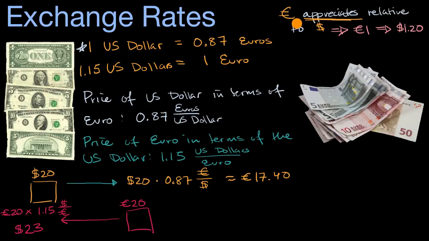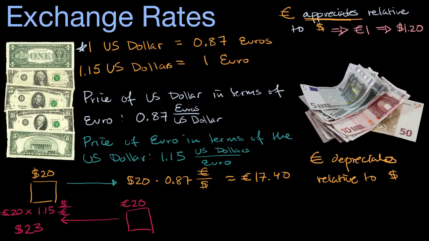Now, if someone said the dollar appreciates relative to the euro, then it would go the other way around. That might be 1 US dollar is now equivalent to 0.9 euros, or maybe 1 euro, or 1.05 euros. And similarly, if someone says that the euro depreciates relative to the dollar, that's another way of saying that the dollar has appreciated relative to the euro.